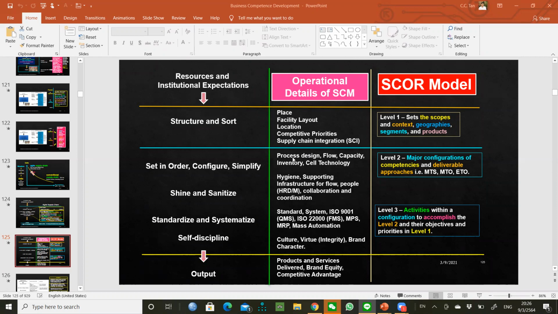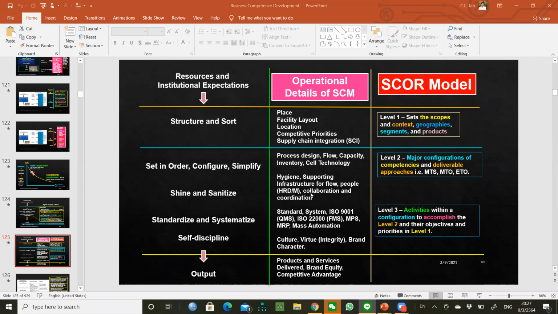So your process designs will be much more customized, and your flow would be much faster, okay, and things like that. We call these cell technologies, and they are much easier to control hygienically. Supporting infrastructures will follow, and your human resources will be more concentrated on multitask skills, more empowerment and enrichment, so a different human resource strategy, different things will come into the picture to support all this.